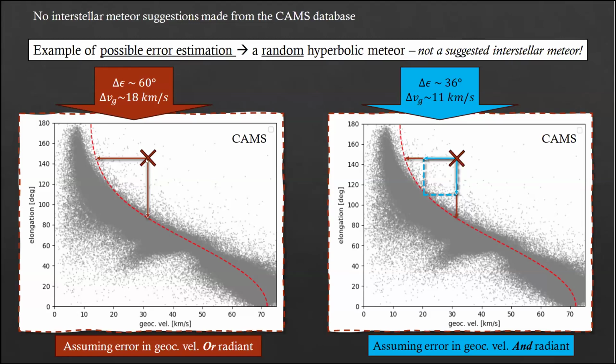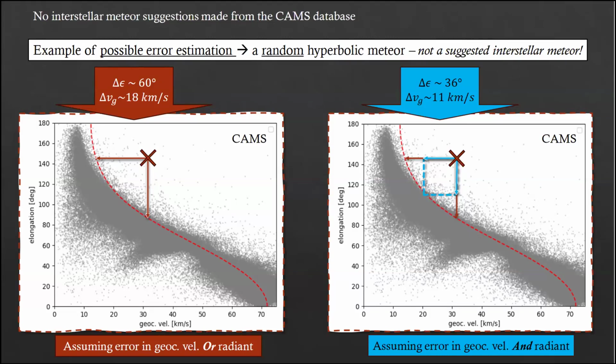To shift the hyperbolic orbit into an elliptical one, you need to have a geocentric velocity error of about 18 kilometers per second, or you can have an error in the radiant position of 60 degrees. In both cases, these errors are quite big, but this assumes an error in only one parameter.